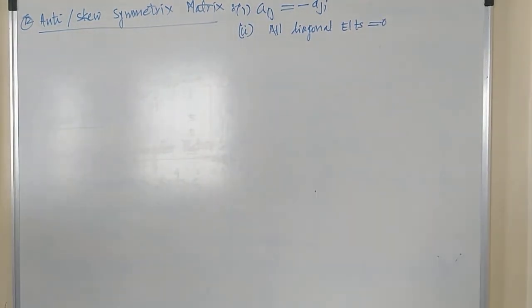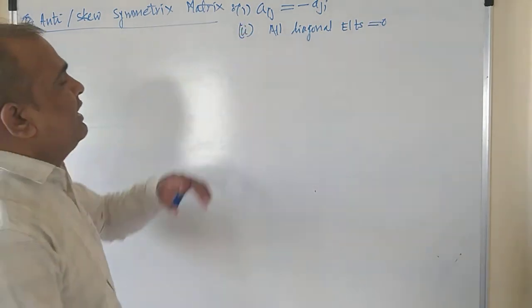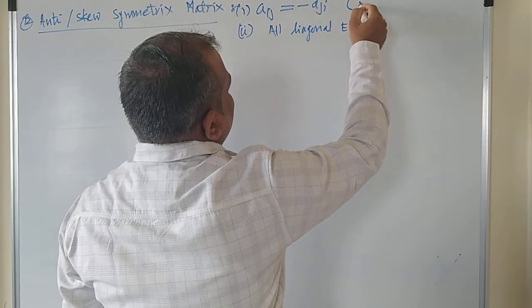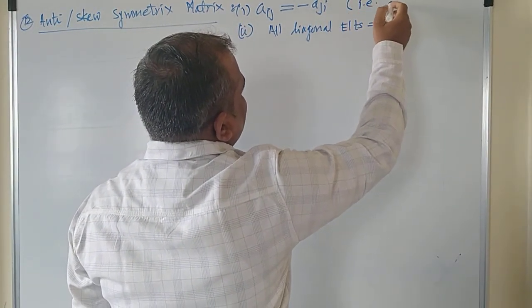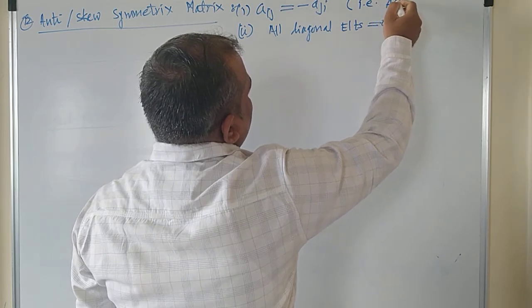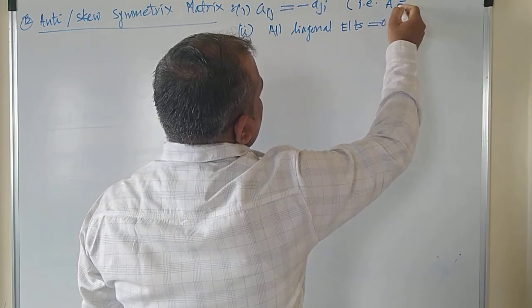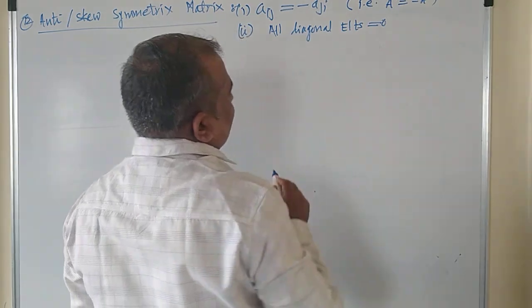This is called a skew symmetric or anti-symmetric matrix. Now for the first case I can also say if Aij is equal to minus Aji, that means the matrix transpose is equal to minus the given matrix.